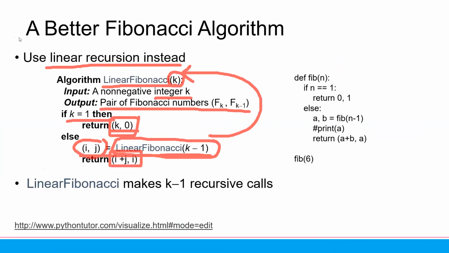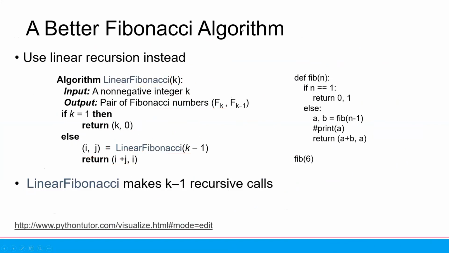In this case, we will not have an exponential problem like the previous one, but we just have the linear. The linear calls, yeah, it will take k minus 1 recursive calls.